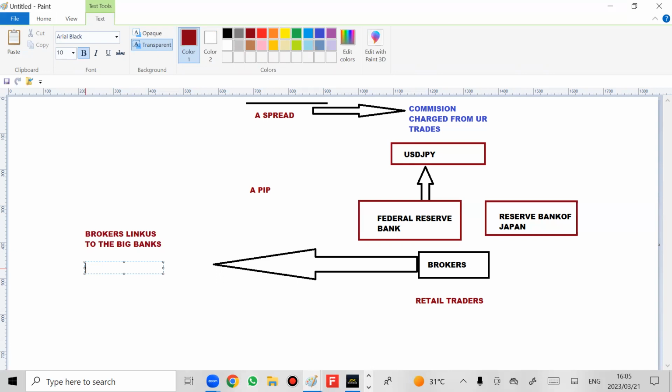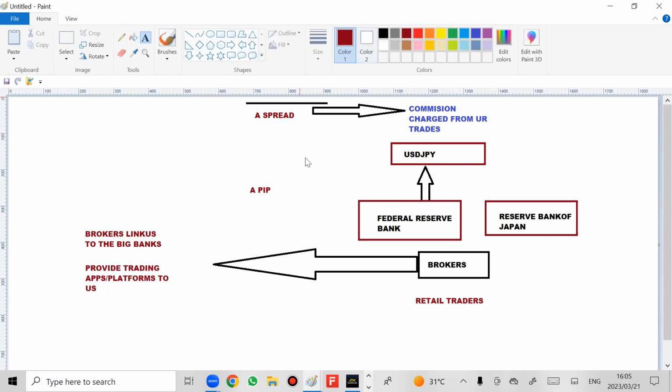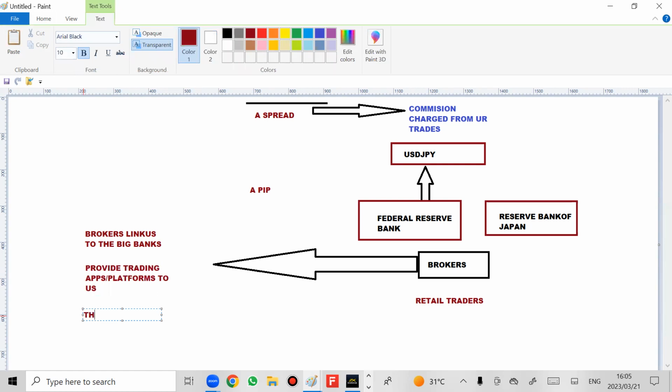Brokers provide trading platforms to us. And another thing the brokers do, they manage our trades or transactions.